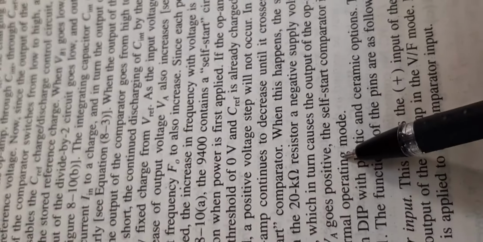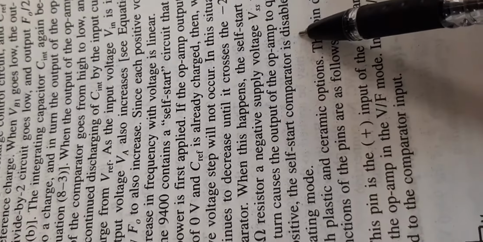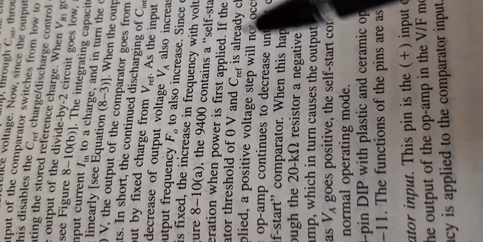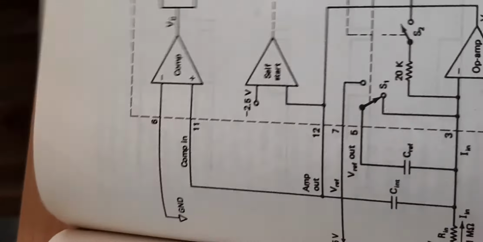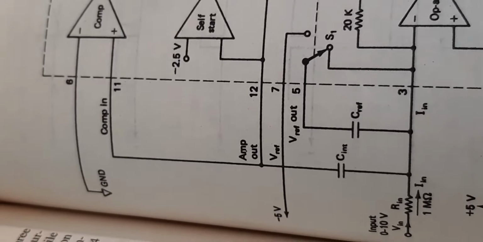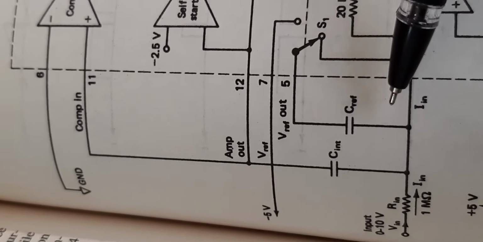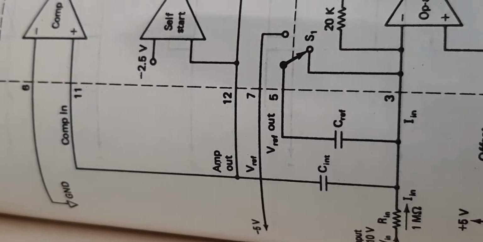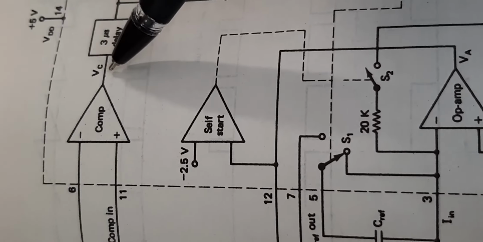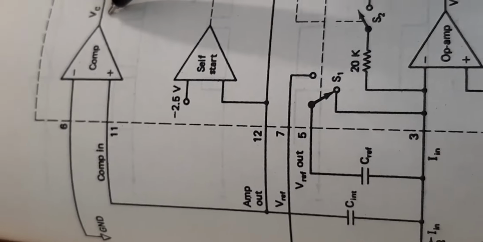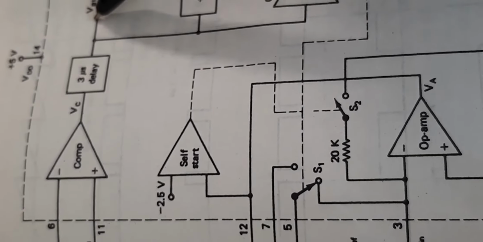As soon as VA goes positive, the self-start comparator is disabled. Initially, when you first apply power, the output here is low and here it is high.